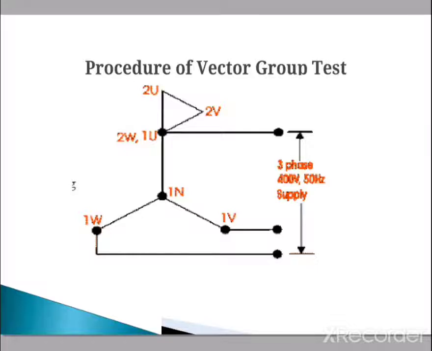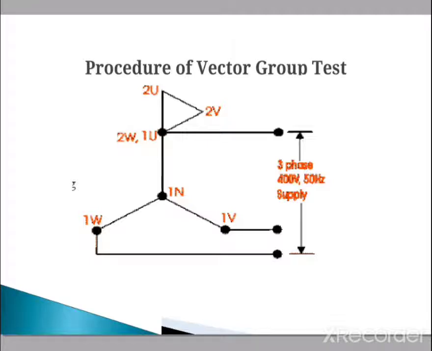Then we have to measure the voltage between the terminals 2U and 1N, and between 2V and 1N, and 2W and 1N. That means the voltage between each LV terminal and HV neutral. Also measure the voltage between the terminals 2V and 1V, 2W and 1W, and 2V and 1W.